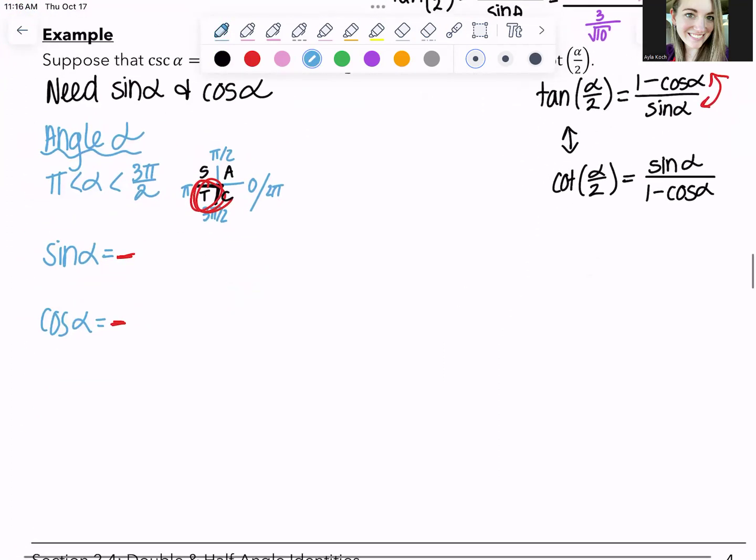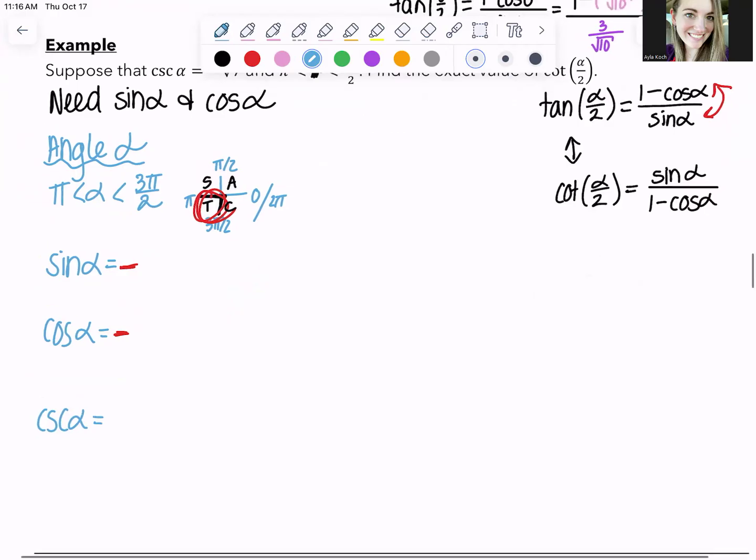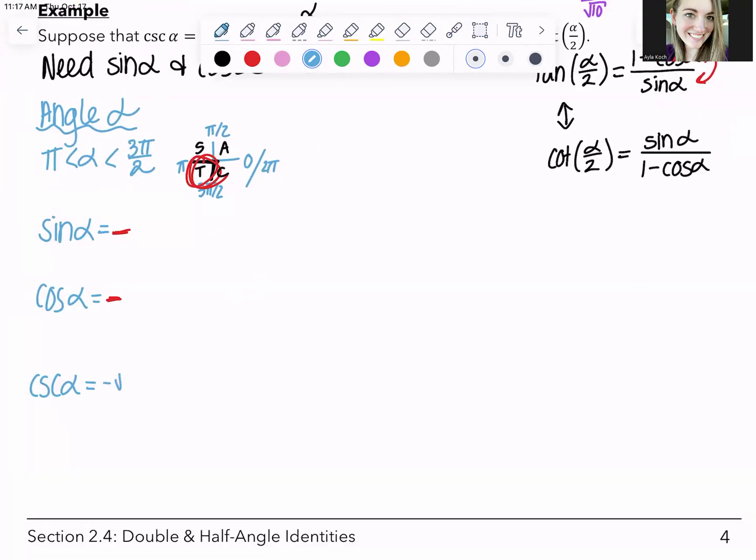I know that cosecant of alpha is negative square root 7 over 1, really. So sine, the soulmate of cosecant, is opposite over hypotenuse. That means that cosecant is hypotenuse, square root 7, over opposite, 1.